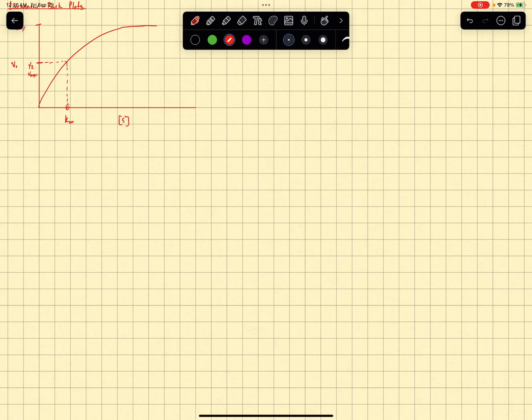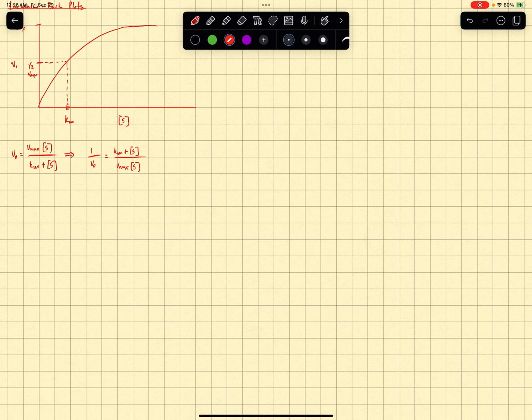And so here's our normal equation. V naught is equal to V max times the substrate concentration over Km plus the substrate. If we take its reciprocal, we'll get 1 over V naught is equal to Km plus substrate concentration over V max times substrate concentration.